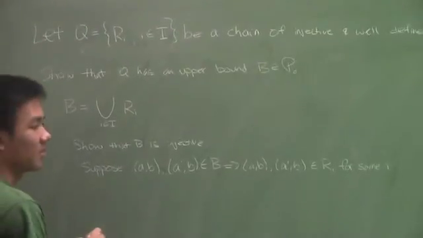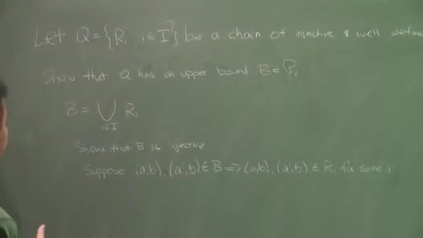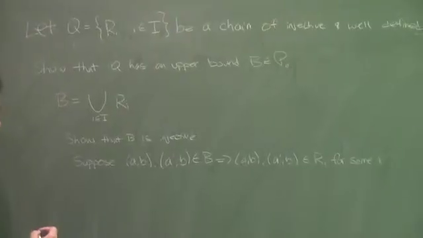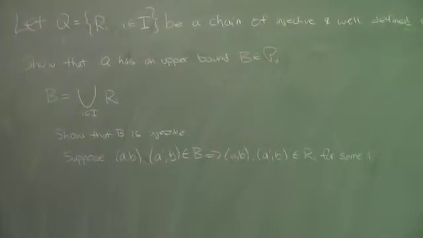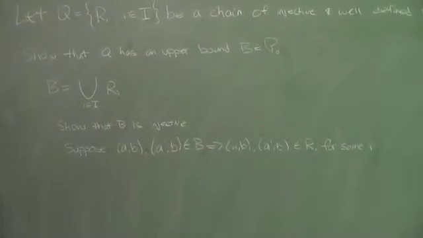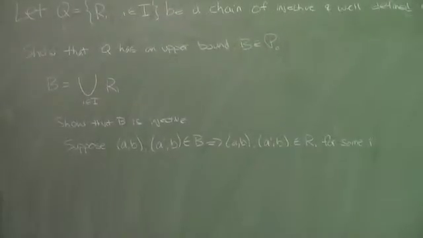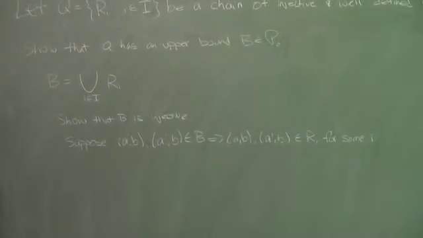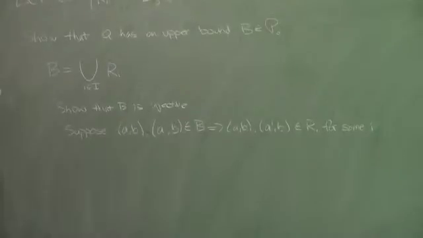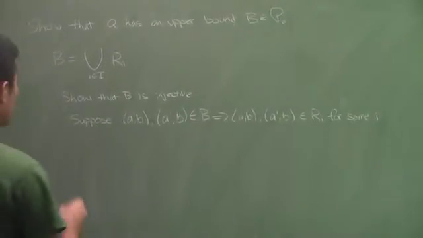I mean, it belongs to the union, so it belongs to one of the sets, right? Each of them belongs to one of the sets. With me? (a, b) is a member of Ri.